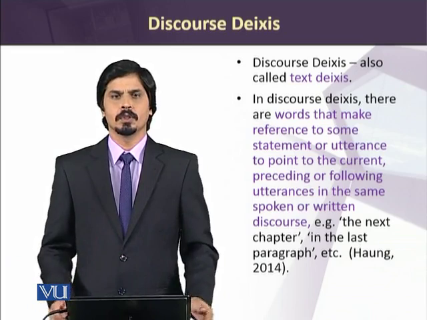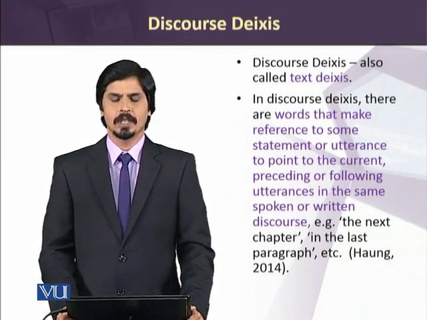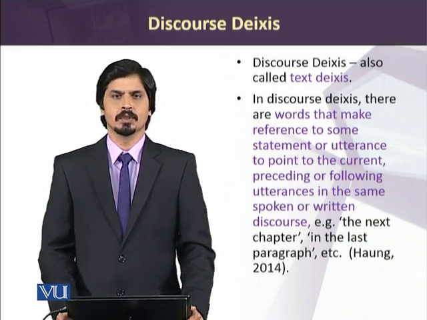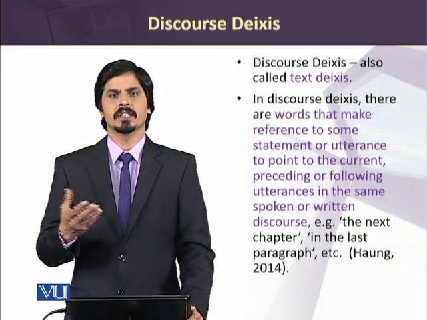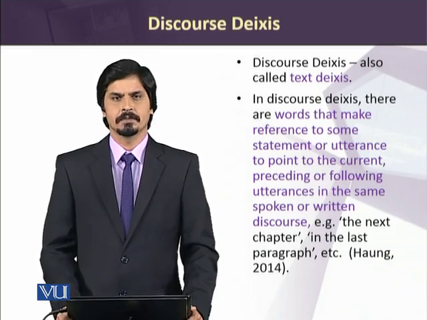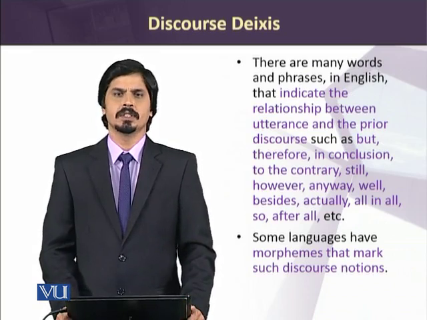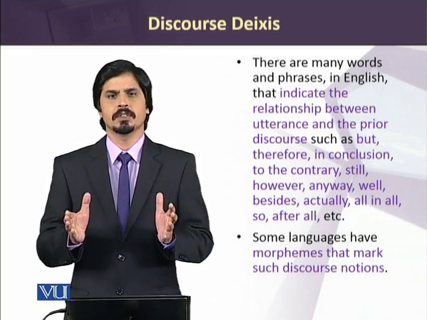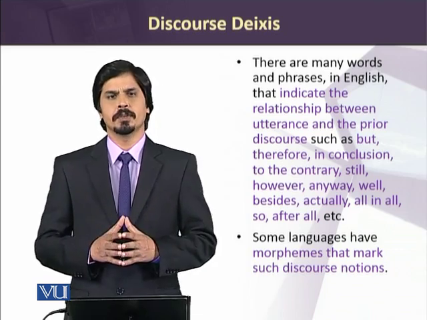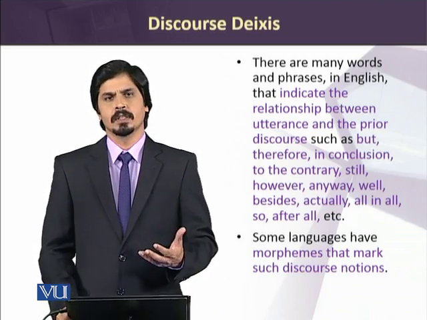They are also known as text DXs, and they are available in most of the languages in the world. A few particular examples of discourse DXs can be seen in expressions like the next chapter, in this study, the present study, etc. There are many words in English which point out such discourse DXs, and they also point out the relationship between the text and the preceding or the following discourse.